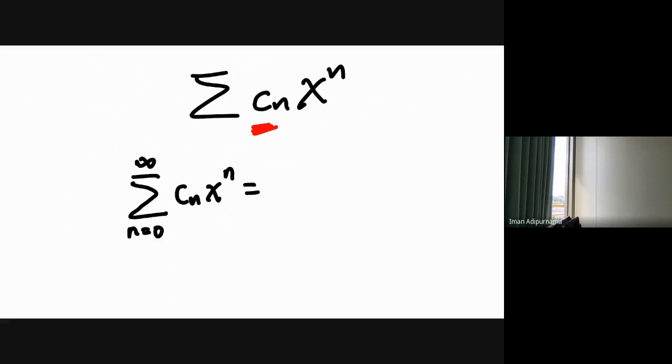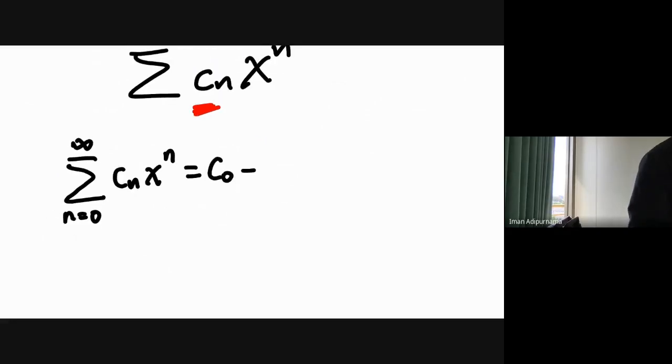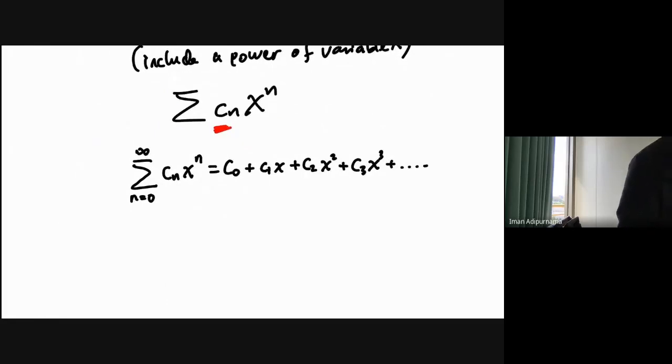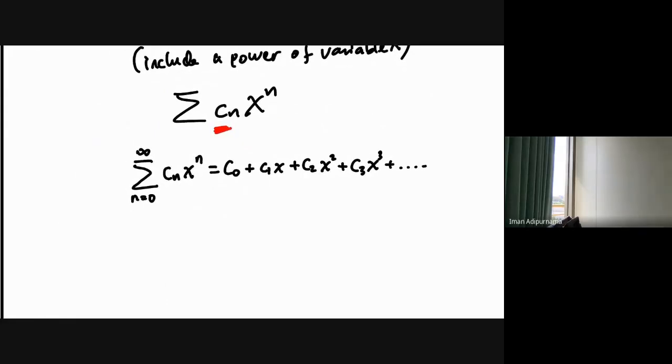So we start with just a constant, and then the variable x, x squared, x cubed, and so on. So we start from C0 plus C1x plus C2x squared plus C3x cubed, and so on until infinity.